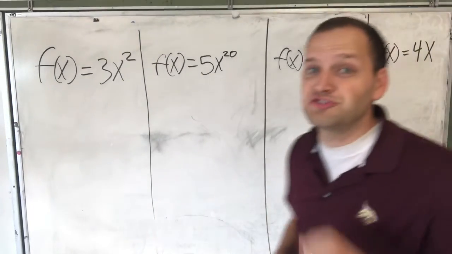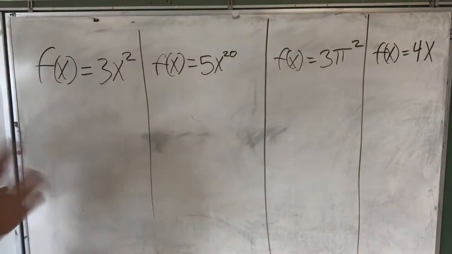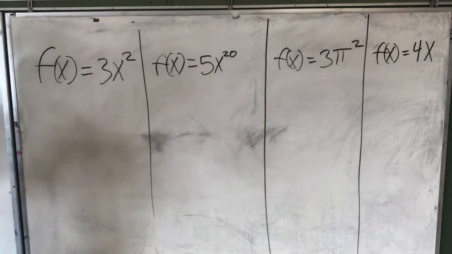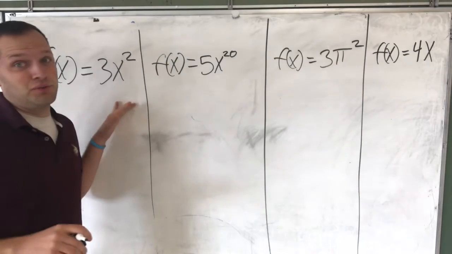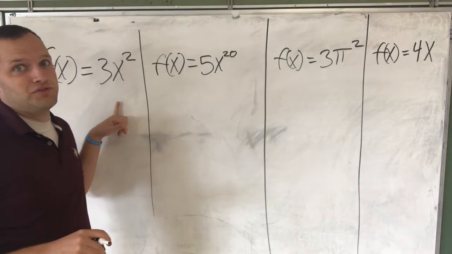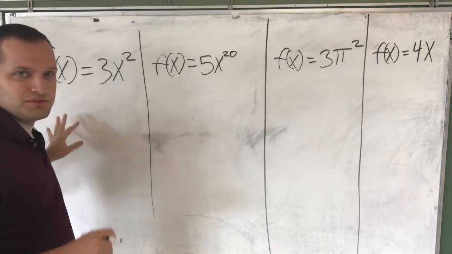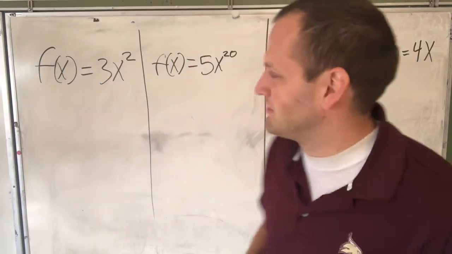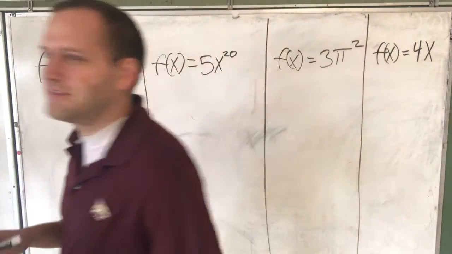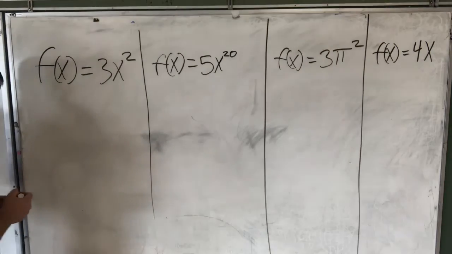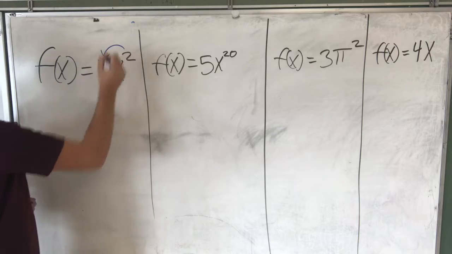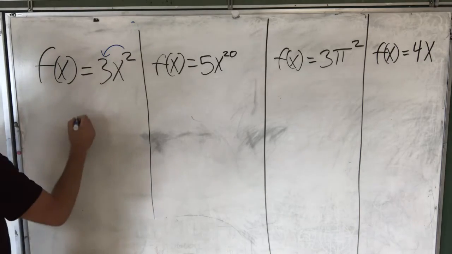All right, let's try 4 problems real quick. I'm going to do the first 2. I'm going to have you do the second 2. If we're following the pattern we've been doing, we could go through and use the difference quotient on this, do the f of x plus h minus f of x, divided by h. Sounds horrible. Let's try this new pattern instead. You multiply the 3 by the exponent. That gives you 6.